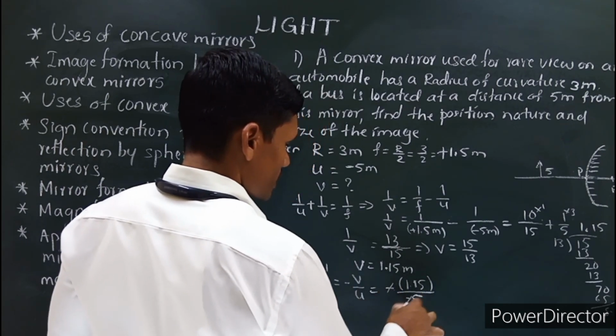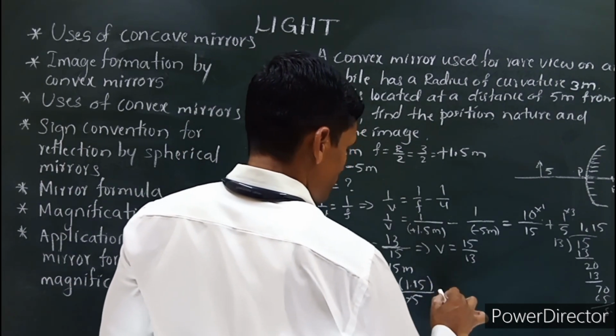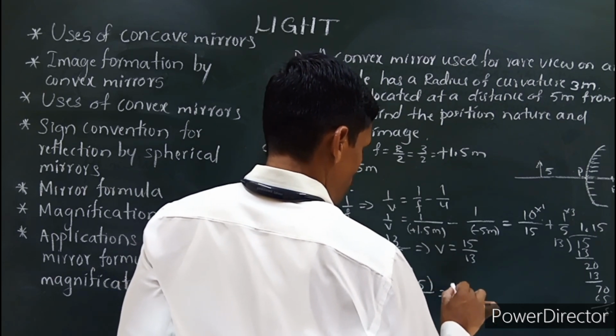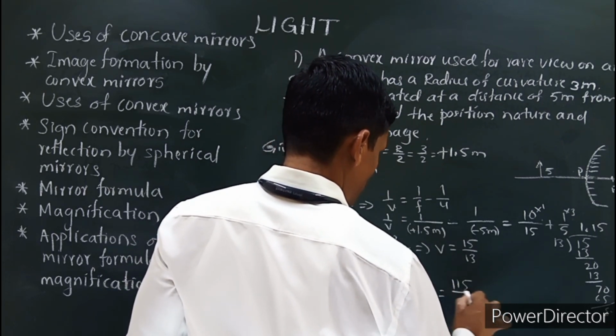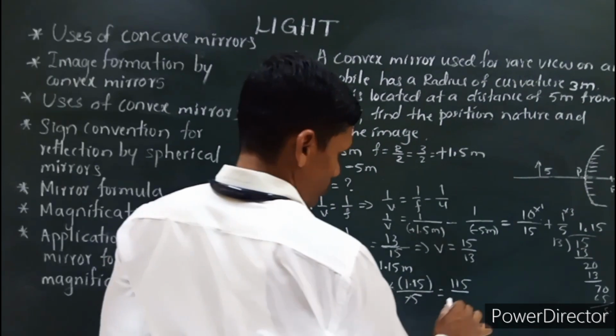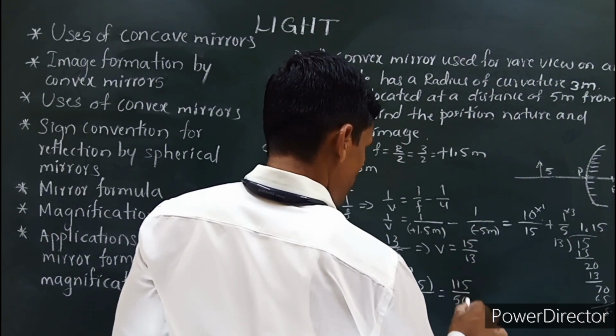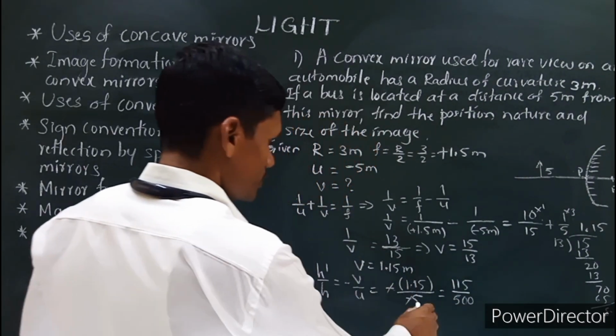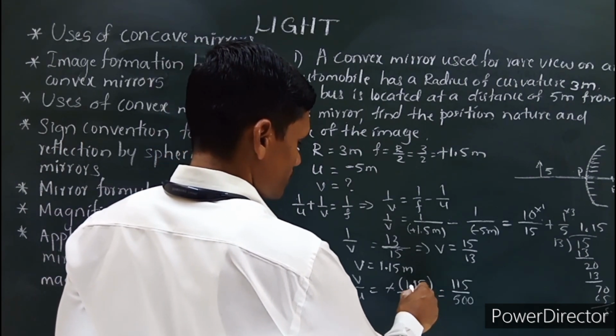This minus minus gets cancelled, so let us make this 115 divided by 500, because of shifting two places.